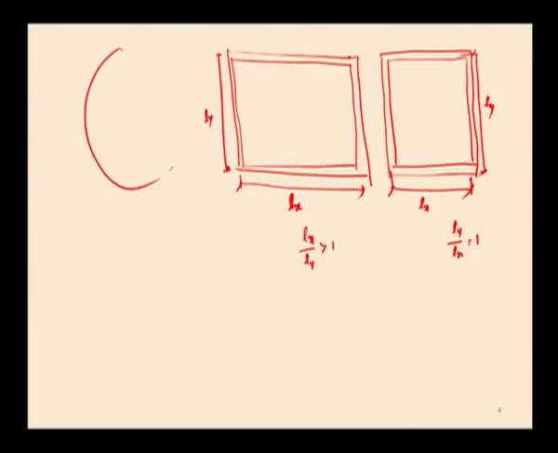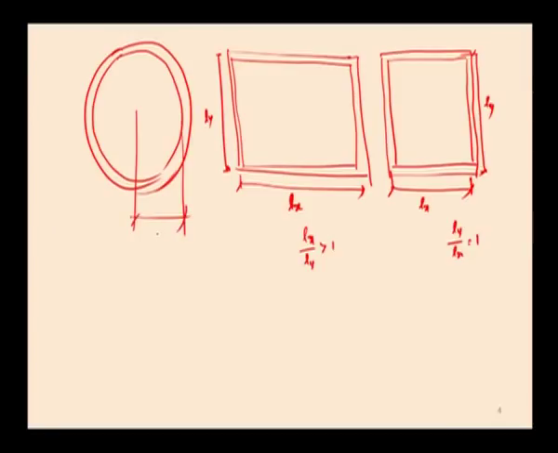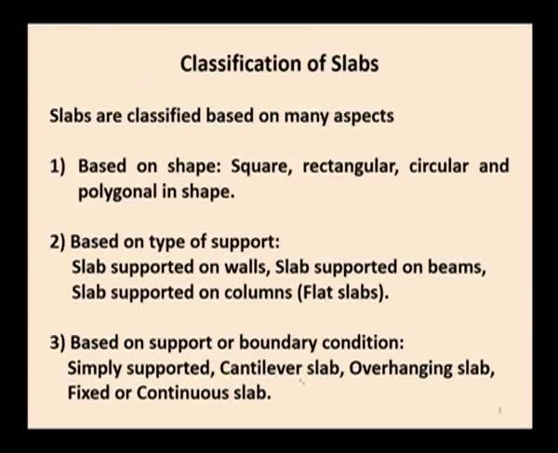It may also be circular in shape, and the radius of the slab is normally denoted by A or radius, or it may be in any polygonal shape. So based on the shape, slabs may be classified into square, rectangular, circular and polygonal in any shape.